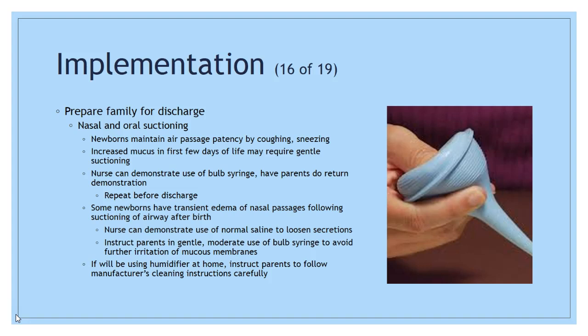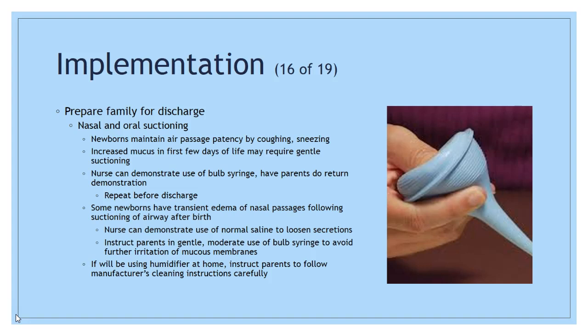From a nursing standpoint, newborns can have some transient edema in their nasal passageways after they've been suctioned after birth. So sometimes if we've had to do a deep suction or some vigorous bulb suctioning, it will cause those mucous membranes to swell a little bit in their nasal passageways.